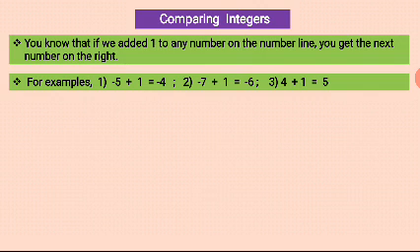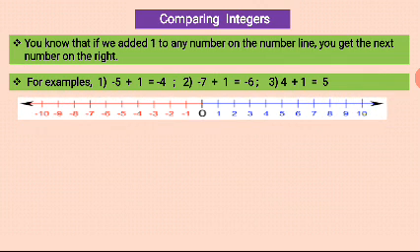Second example, -7 plus 1 is equal to -6, which means -6 is to the right of -7. Third example, 4 plus 1 is equal to 5. 5 is on the right side of 4. Got it?